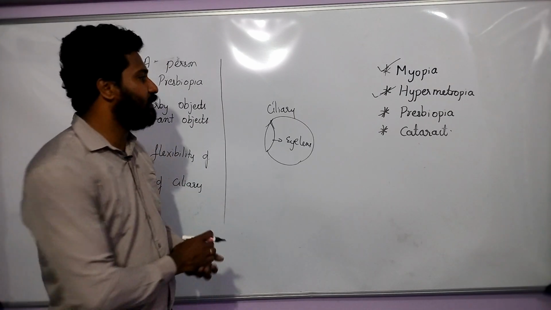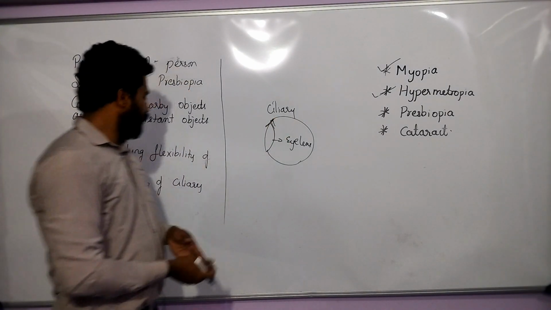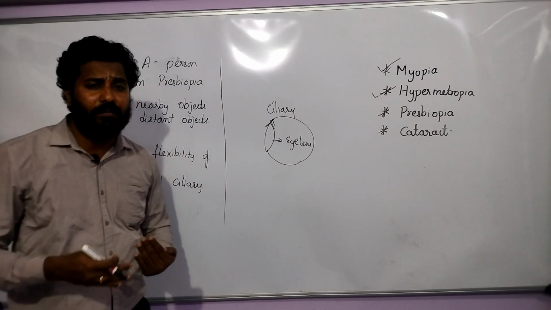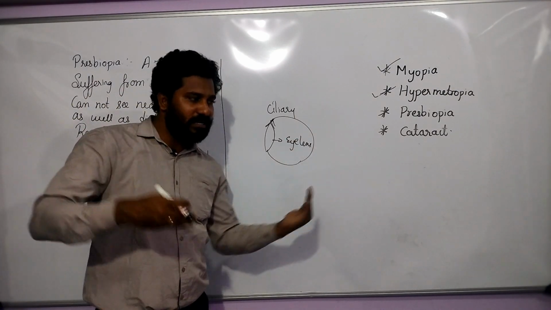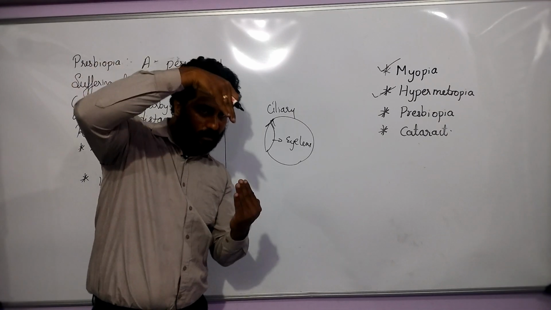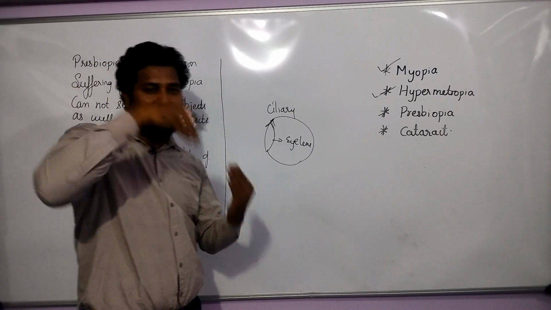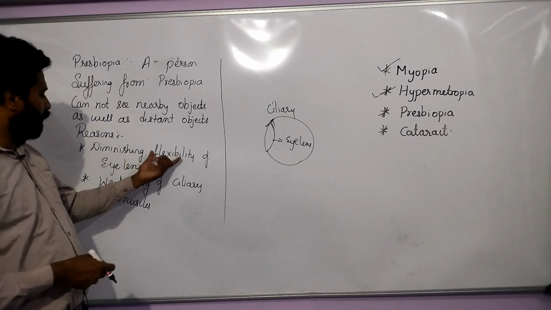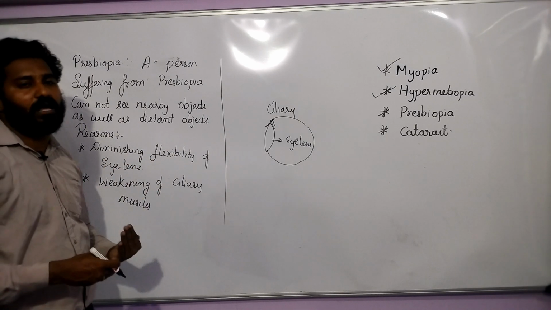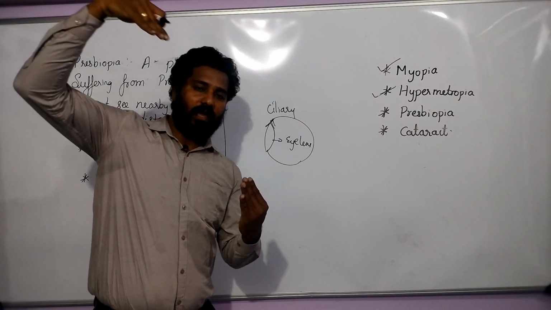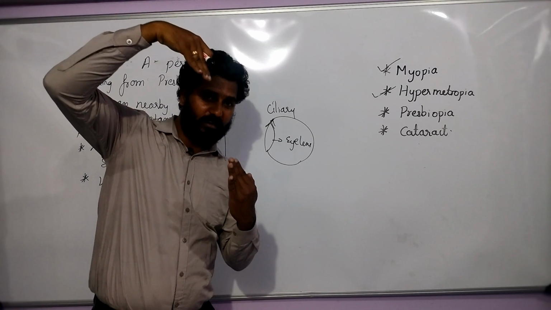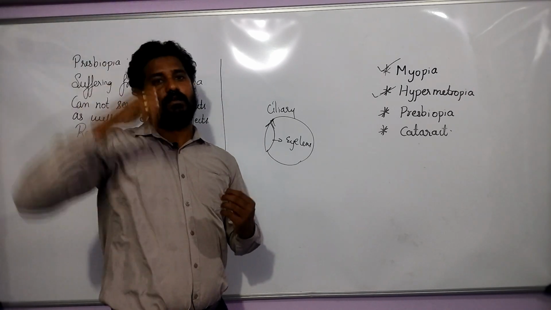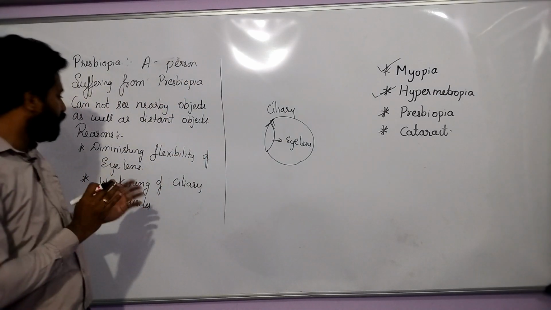By that time, the ciliary muscles become very weak. To see a nearby object, the ciliary muscles have to contract and come closer. But due to aging, they contract in a very slow manner, and they also relax very late.